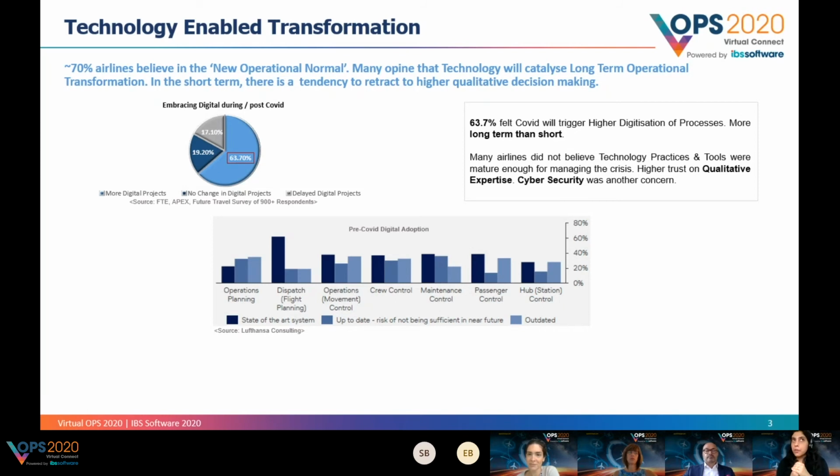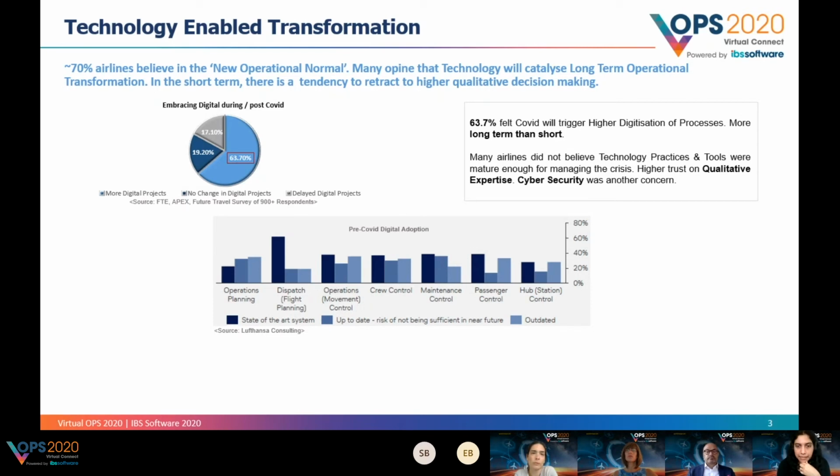When we talked to airlines, we also found why airlines are not digitizing much in the short term. I borrowed a graph from Lufthansa Consulting here. In the pre-COVID situation, in most areas like crew control, operations control, and maintenance control, there seems to be only around 40% state-of-the-art systems.